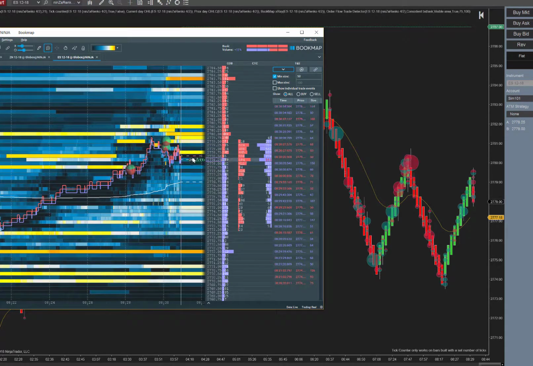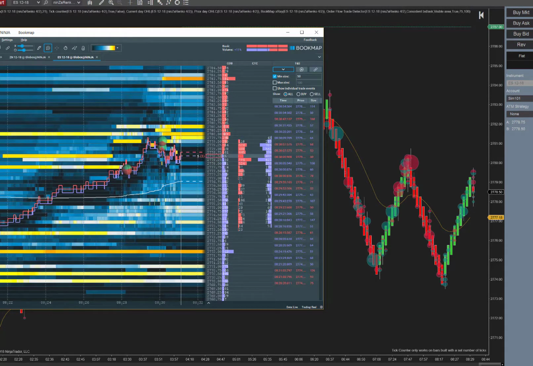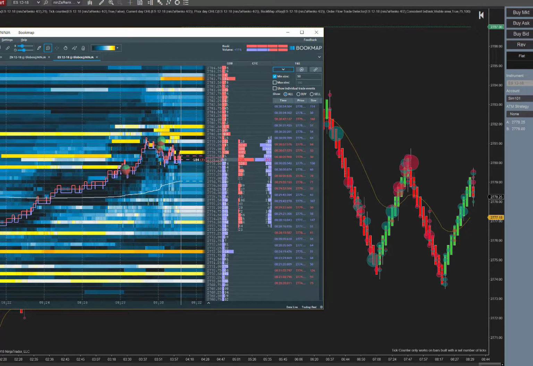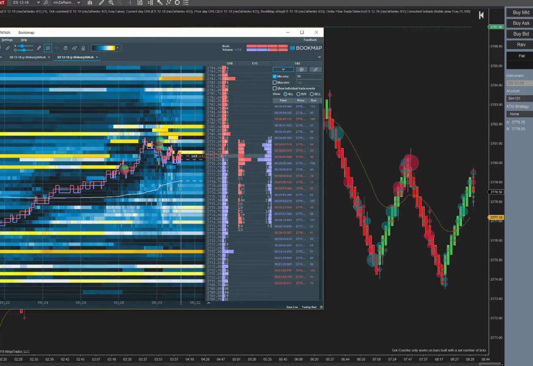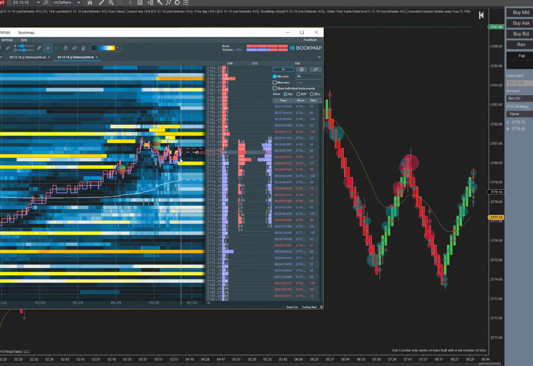Sellers got a little more aggressive coming in here. And then they popped back up again in Bookmap. So the sellers are getting a little more aggressive. Ooh, now it flipped over to the buyers. This is what's kind of fun about watching the open, seeing some of the sporadic action that goes on.